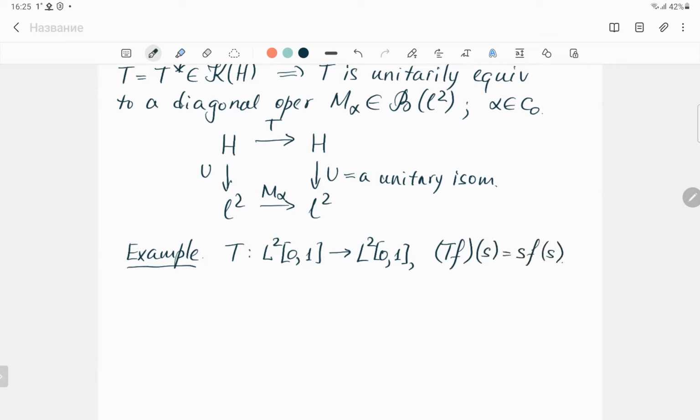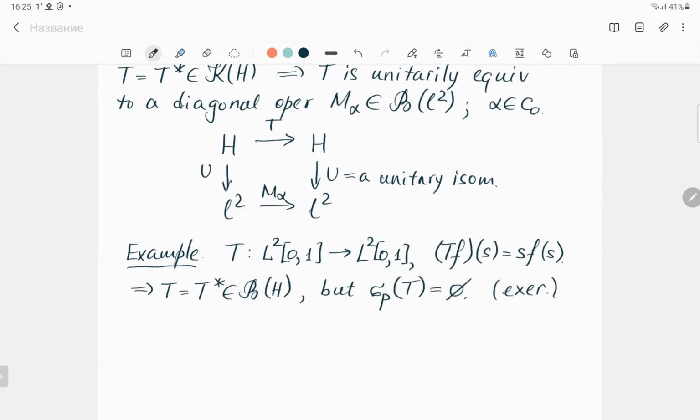Then T is a bounded self-adjoint operator on H. But on the other hand, the point spectrum of T is empty. This is a simple exercise to show.